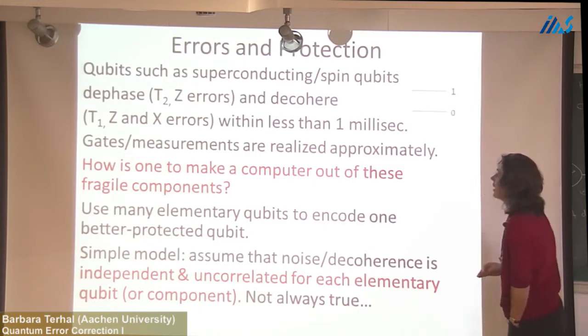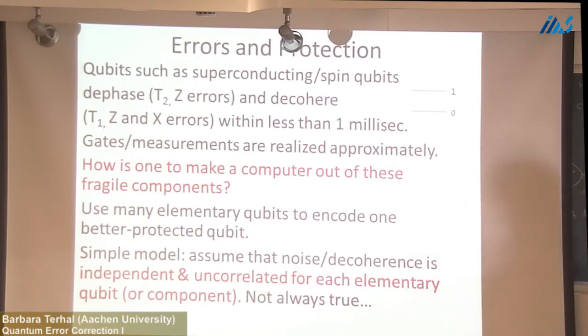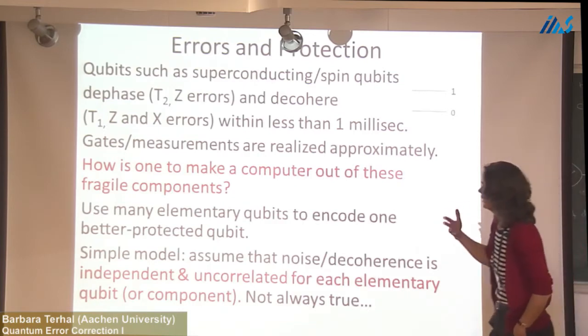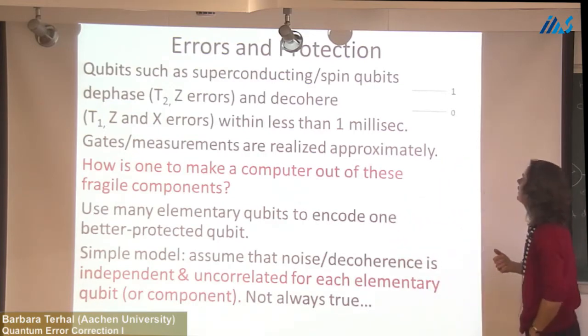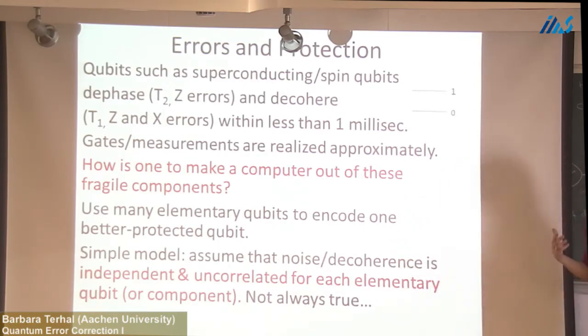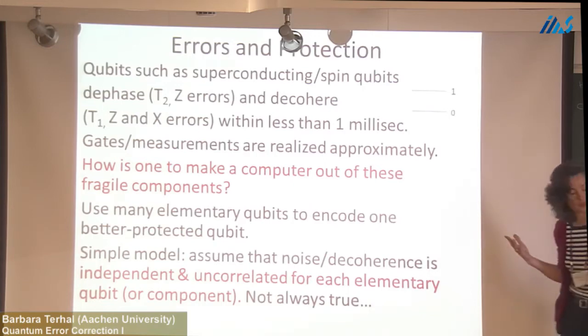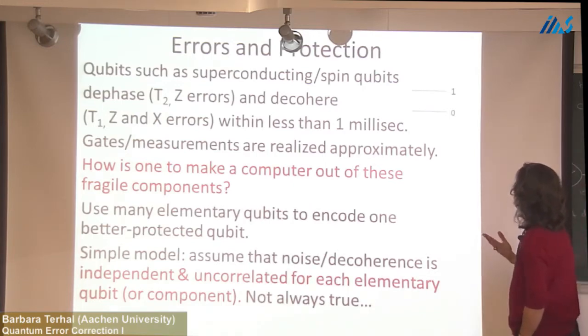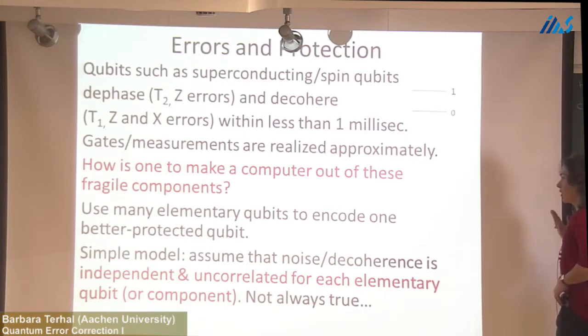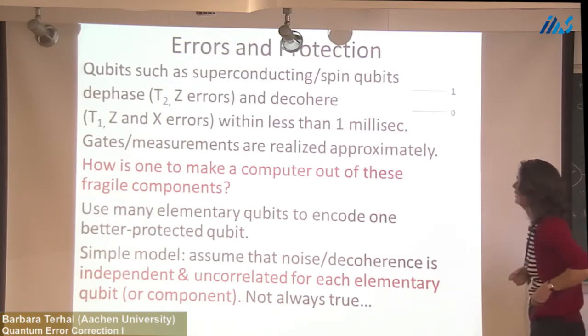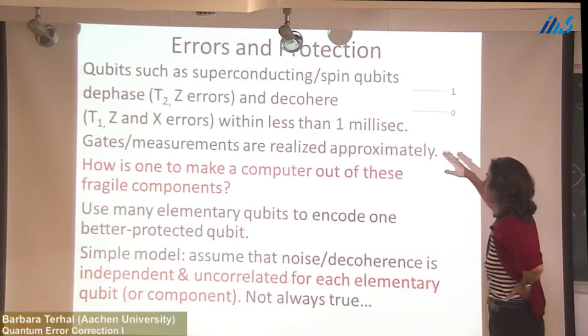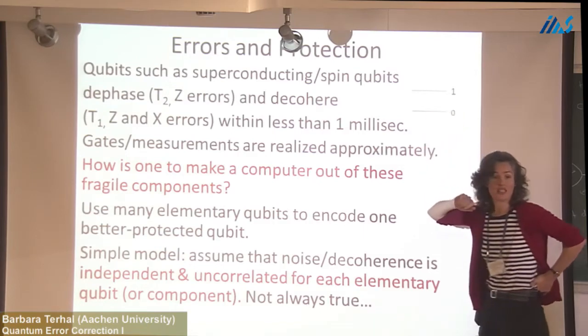I'm not going to go into how you model these. You can model them in more detail with master equations and so on. But for the purpose of error correction, it suffices, to some extent, to say that these induce Z errors and Z and X errors.